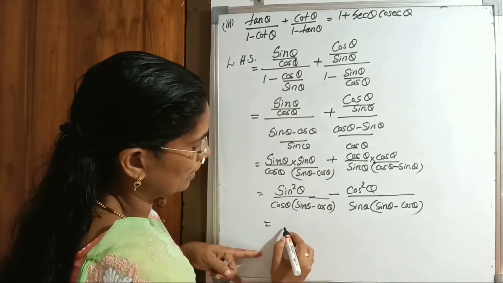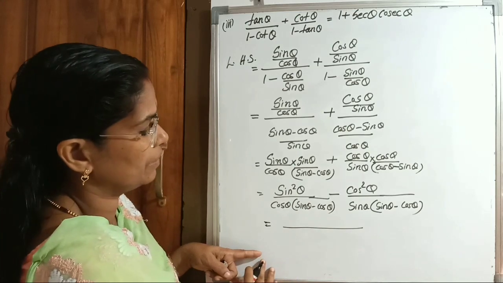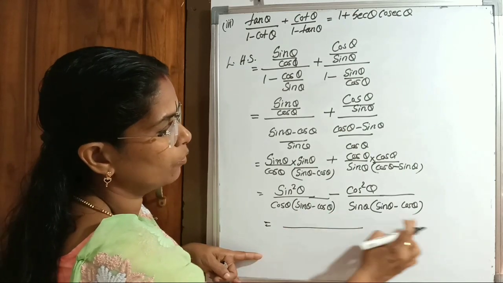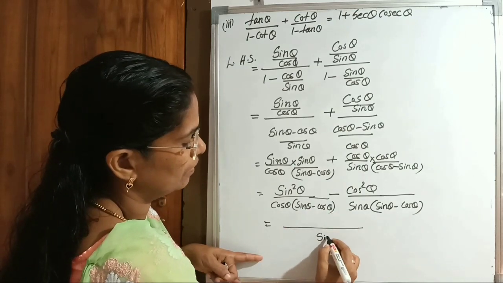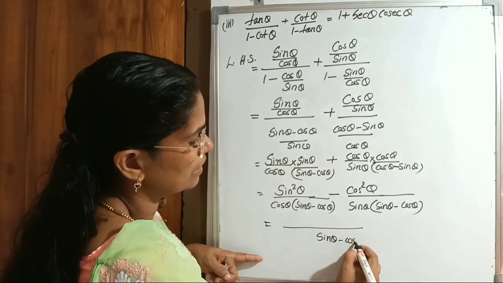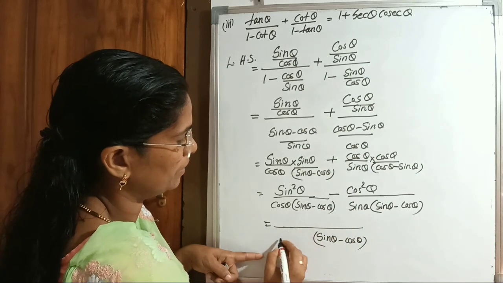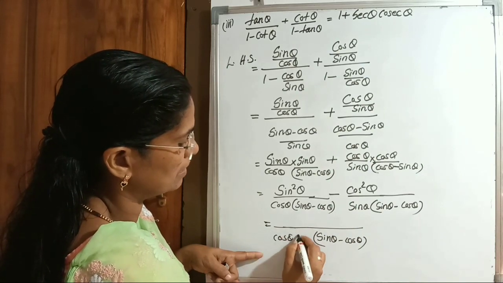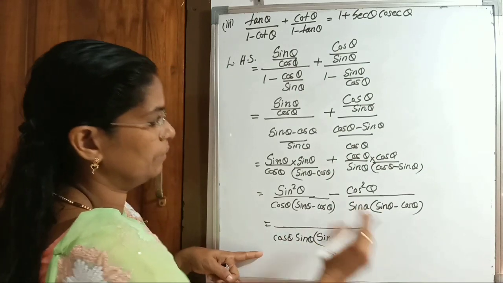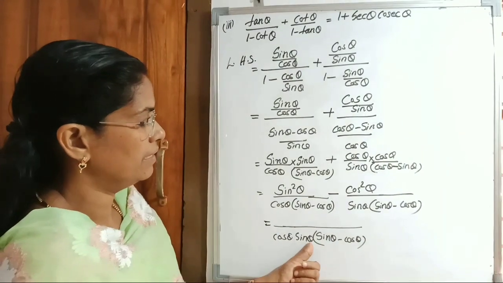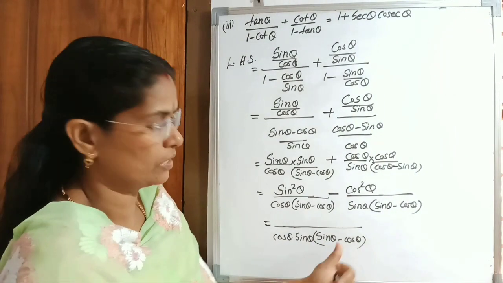Now look at the denominator. What is common there? We can take the LCM. Sin theta cos theta is there in both cases. So sin theta minus cos theta, and here cos theta, and the second term is sin theta. So we can write cos theta sin theta, all the terms it is coming, cos theta, sin theta, again sin theta minus cos theta.